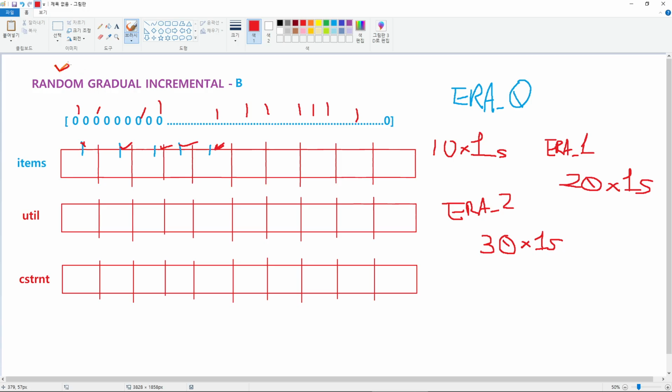So it's random, as shown. It's gradual, because things will change gradually. It's incremental, because the number of genes being activated increases by the era. But it's not inclusive, because there's no guarantee that the previously activated genes in the previous era stay.